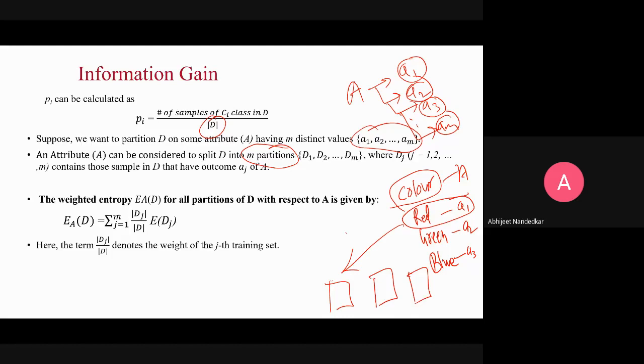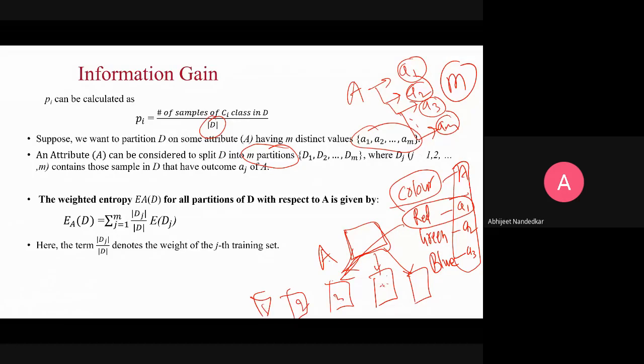So your complete table is now divided into smaller tables based on the value of A. You will get three sections because A can take three values. If A can take m values, then the number of breakings will be equal to m.